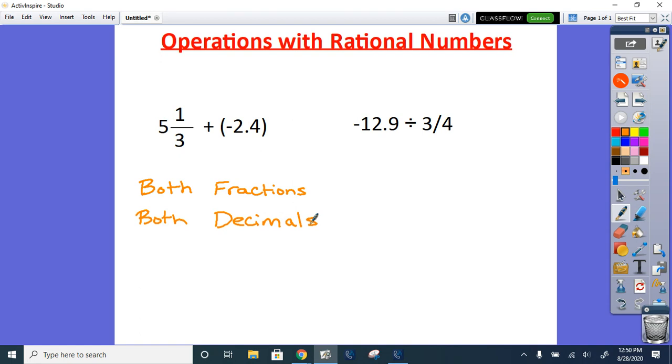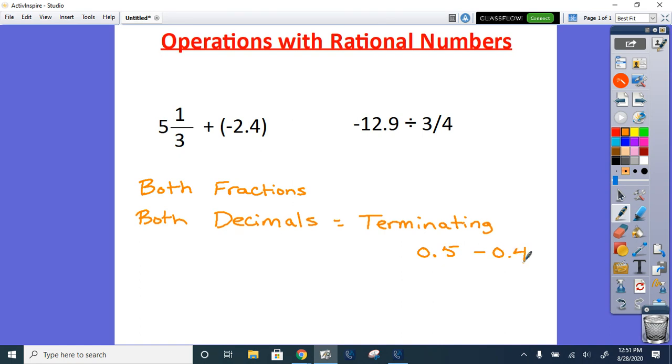The only way they will both be decimals, this is what we talked about in our last lesson, is if both decimals are terminating decimals. We can then operate with both terms being decimals because we physically have a decimal that ends in a 0. So we could write something like 0.5 minus 0.4.